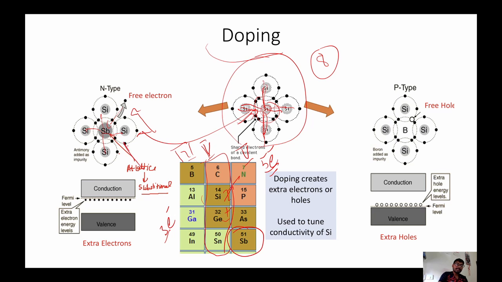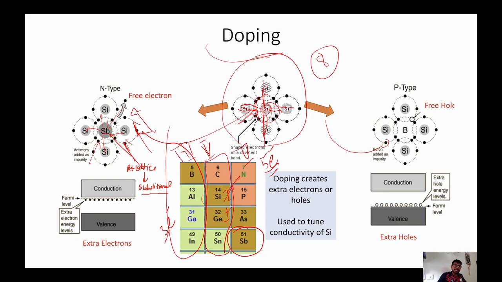So we have created an extra electron in the silicon crystal by doping the semiconductor. This extra electron will change the conductivity of the lattice. This is done by doping with antimony, and this is how we can tune the conductivity of the semiconductor. Now let us say that instead of this silicon, we dope with a group 3 element, say boron.